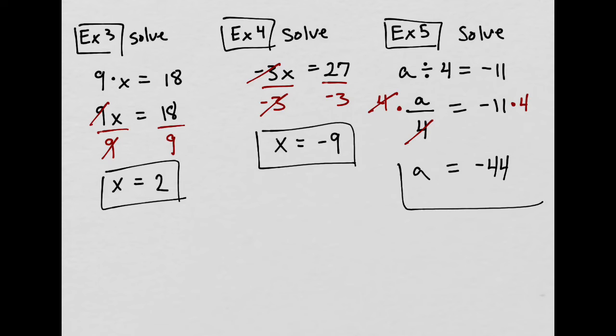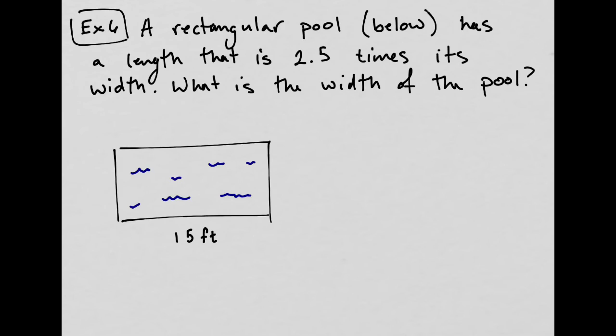We'll do one more example, and then that will be it. All right. Let's see. A rectangular pool, which is shown below, just a rectangle, has a length that is 2.5 times its width.